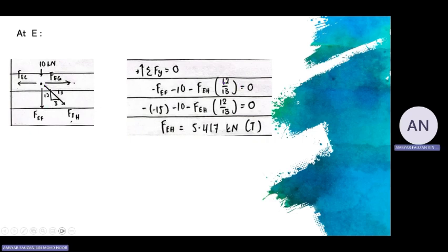So we use the cos theta from the angle at point E. Cos theta equals 12/30. So we substitute the values of FEF that we got from the previous calculation. Negative plus negative is positive. After this calculation, we got FEH equals 5.417 kilonewton and it's positive values. So that means it's tension.